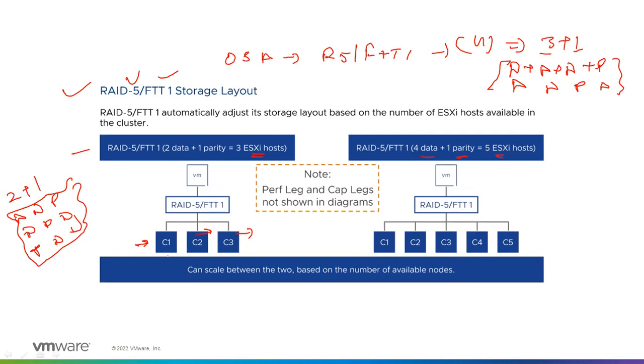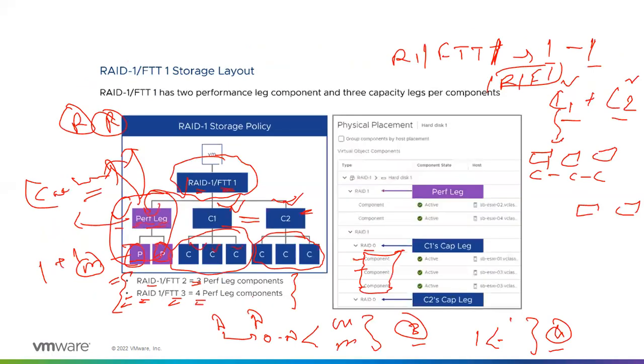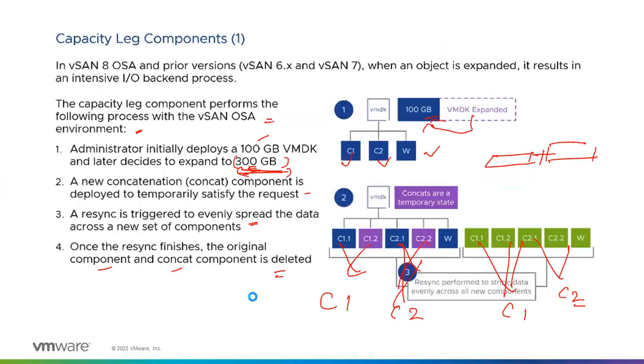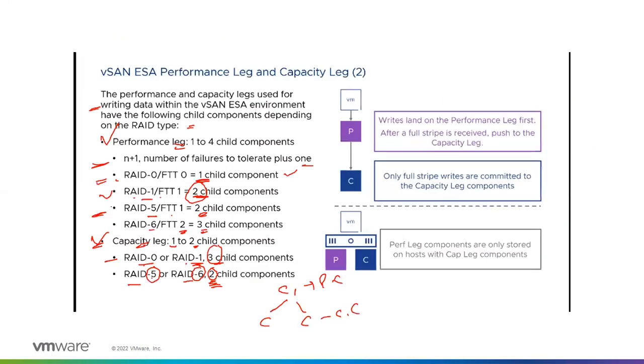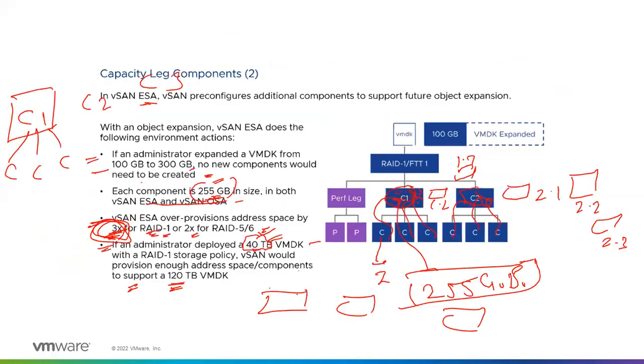But further, this C1 will go to C, and C3 will again go to C, C. Because it's a native method, it doesn't show any performance leg and capacity leg here. Why am I saying two times? What did my policy say? For RAID 5 and RAID 6, there would be two child components, right? Yes, sir.